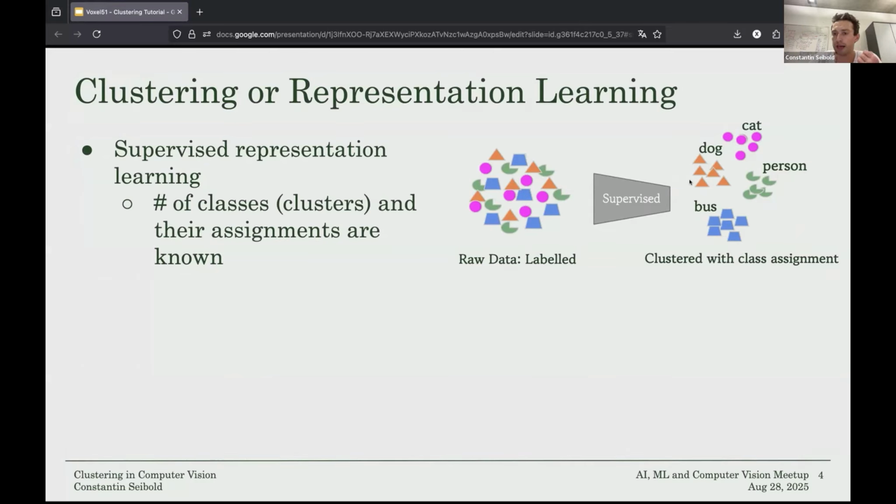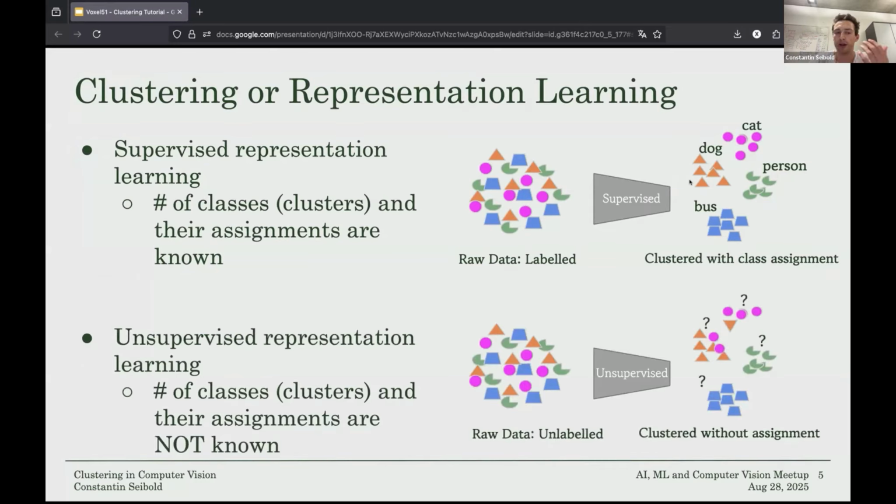However, also in recent days, there has been more of a trend towards unsupervised representation learning, where you don't want to focus on certain classes, but still want to group your data together based on features that lead to images of similar categories belonging to the same cluster.